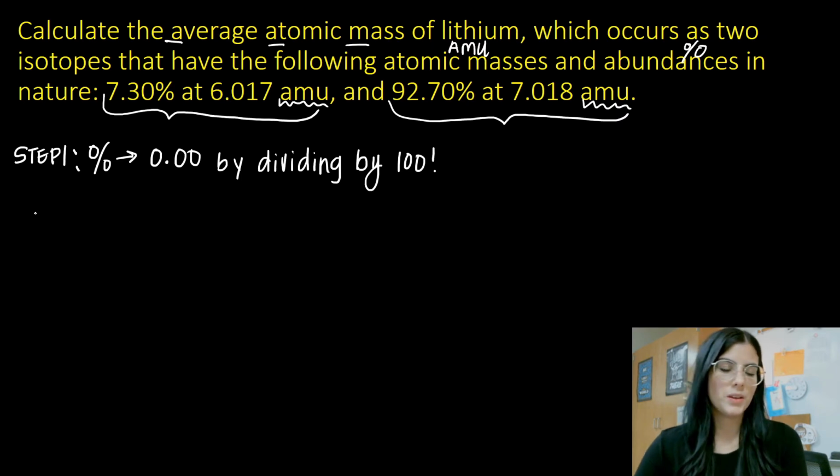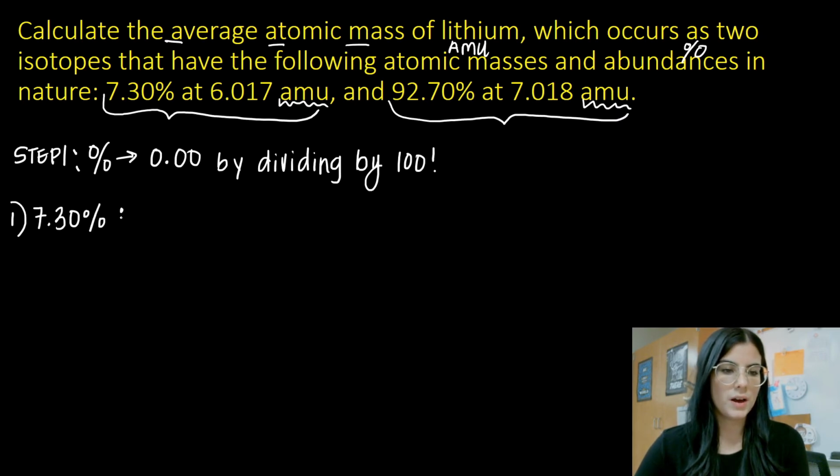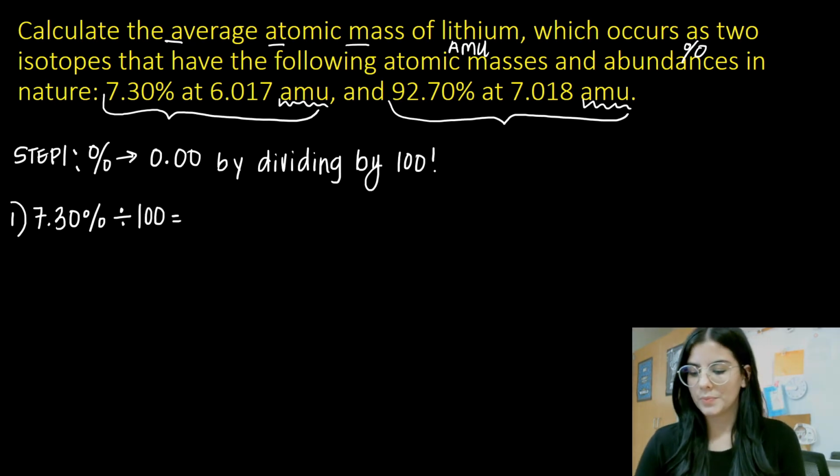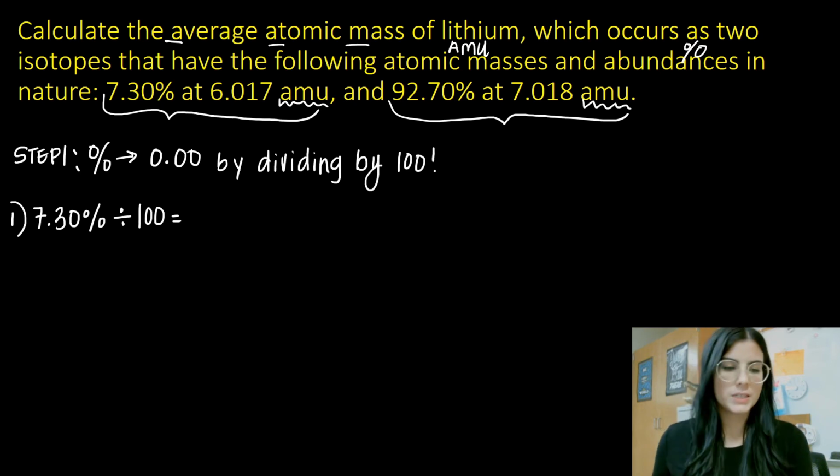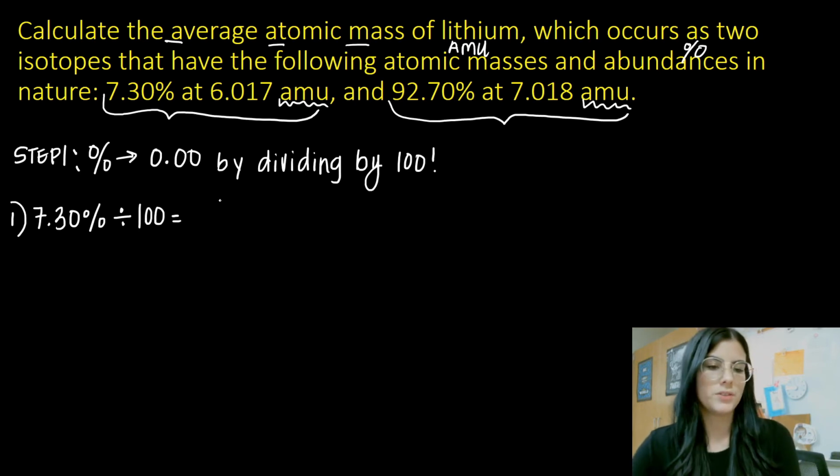That's step 1. So our first percentage is 7.30%, and we're going to divide by 100. And that equals 7.30 divided by 100, 0.073.